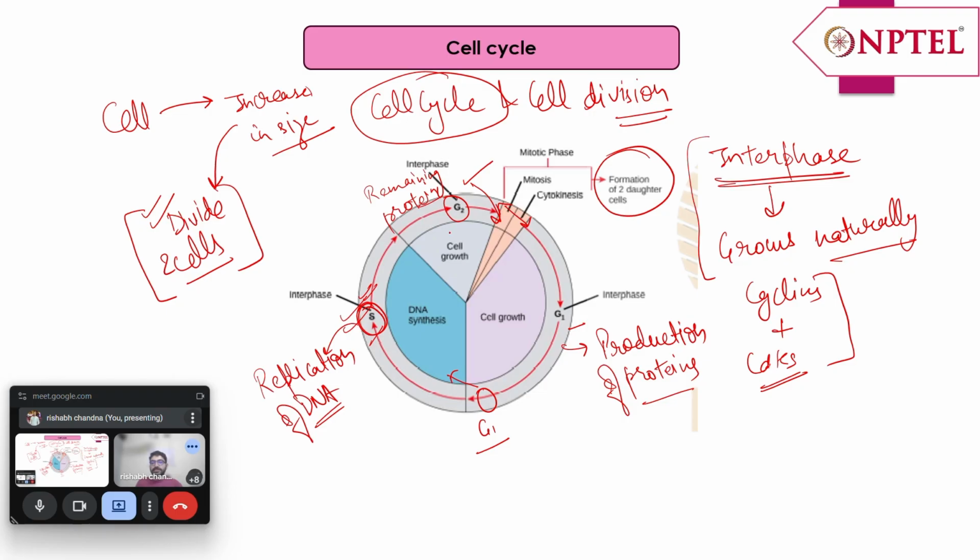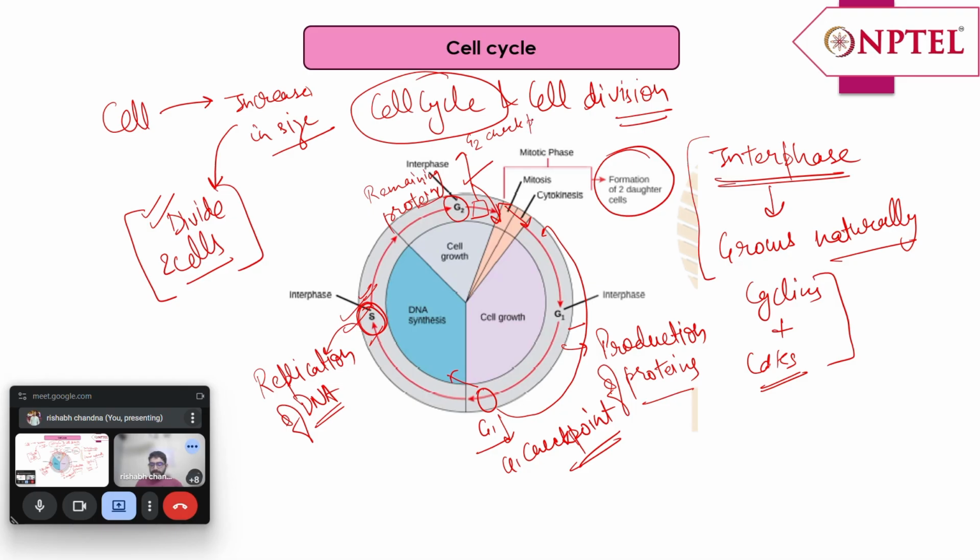I'm just telling you about the different checkpoints and their major role. So one is the G1 checkpoint, which allows the cell to move to the DNA synthesis phase. If the cell is not ready yet, it will move back to G1 and grow.